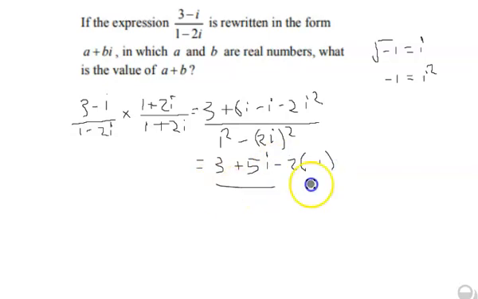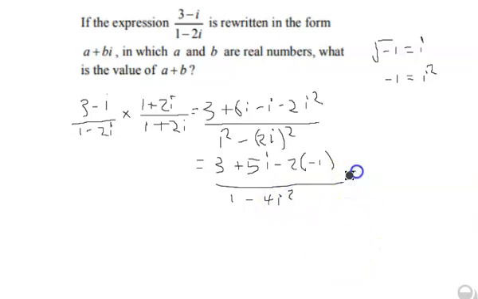I put it in, so this is 1 minus 4i squared. That's what you have right there. Let me write this. So i squared. Alright, so let's tidy this now.